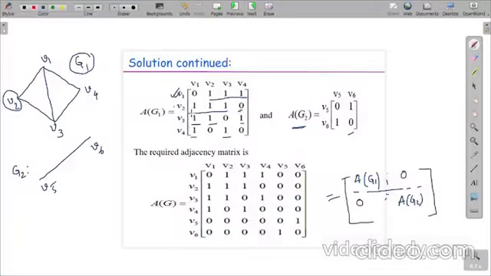This is the writing pattern. In G1, how many vertices are there? 4 vertices, so this block is 4 by 4. This is A of G1, this is A of G2, and these two are null matrices.